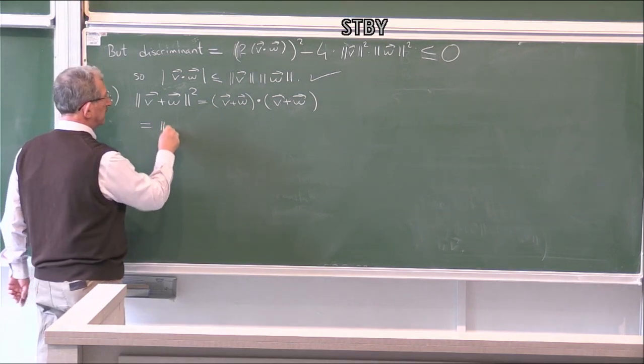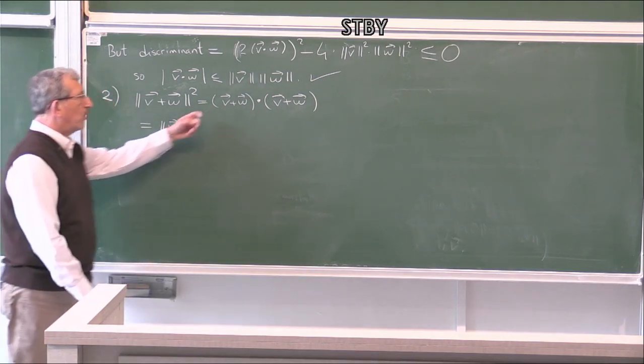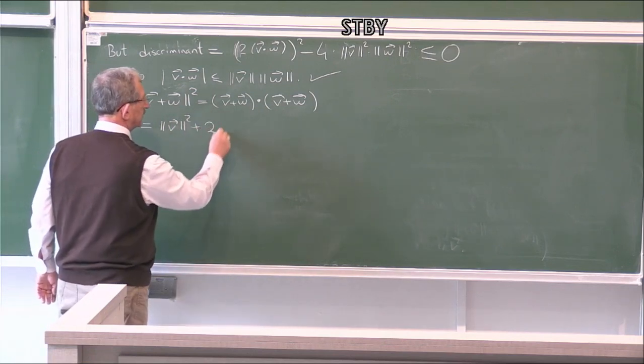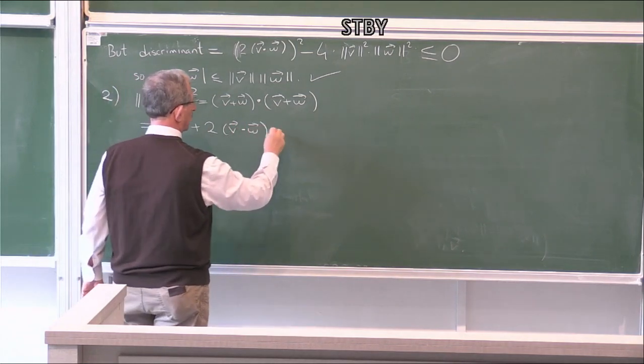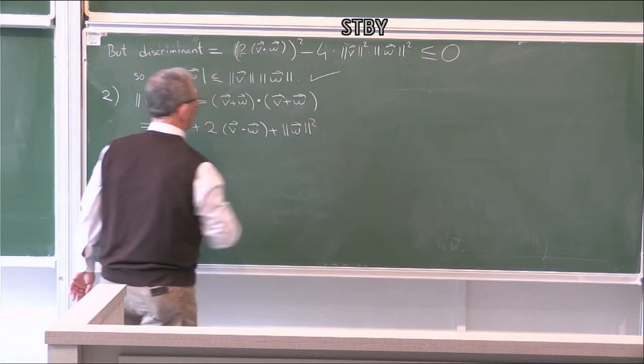So that is the norm of V squared plus twice V dot W plus the norm of W squared.